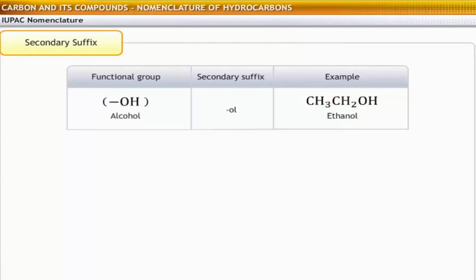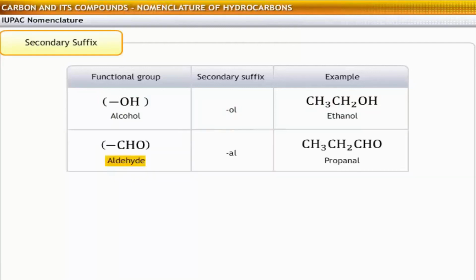Using the same set of rules, let's try to find out the IUPAC name of aldehyde. Take the example of a molecule of aldehyde. It contains 3 carbon atoms, so the root word should be prop. There are no double bonds between the carbon atoms in an aldehyde molecule.